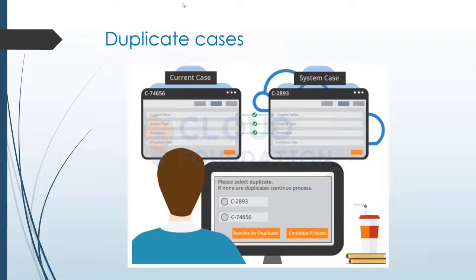The system might show a potential duplicate, but again the authority lies with the person who is looking after these transactions. It is the choice of the operator, the customer representative, or whoever is working, to decide if it is really a duplicate or not.